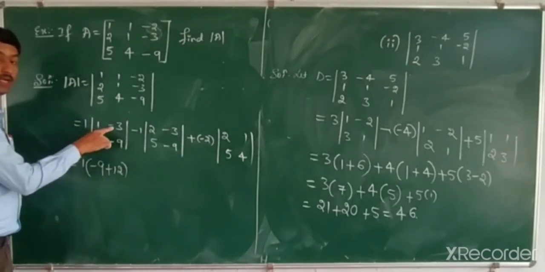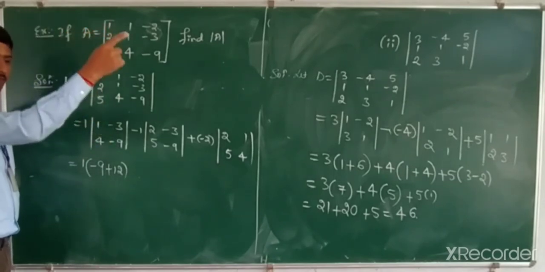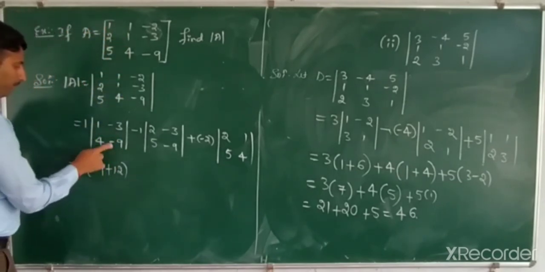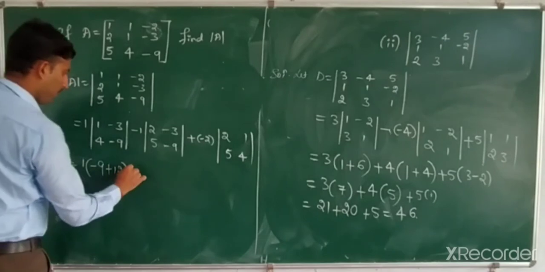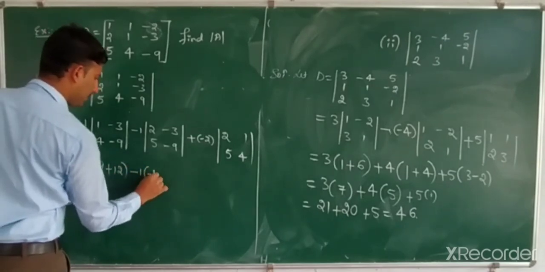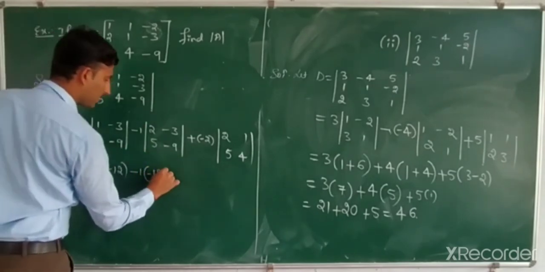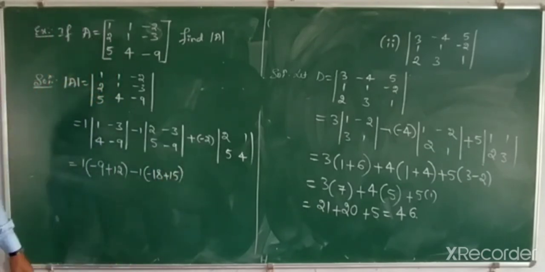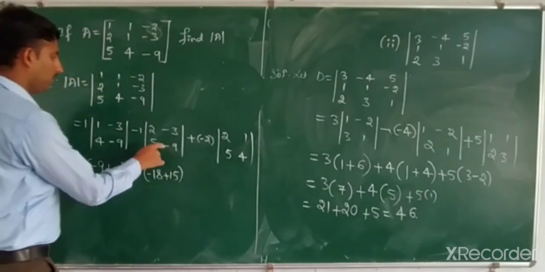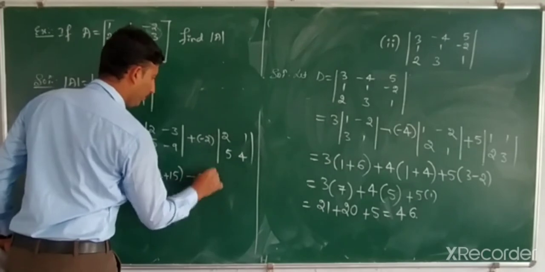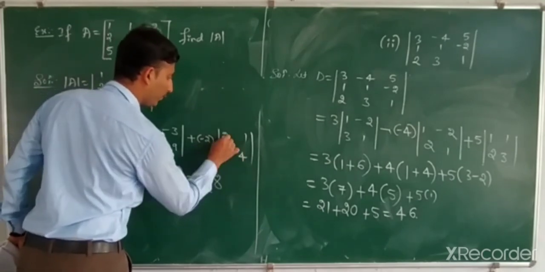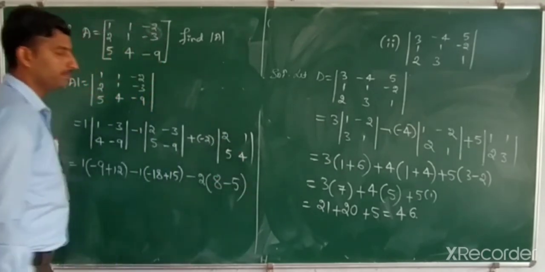Minus of minus becomes plus, so -9 plus 12, minus 2 into (-9 plus 8), plus 5 into (-3 plus 2). Simplifying: 1 into 3, which is 3, minus 2 into -1, which is plus 2, minus 5.